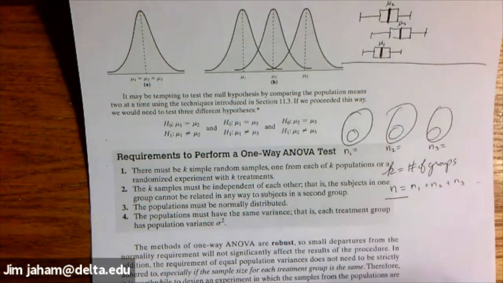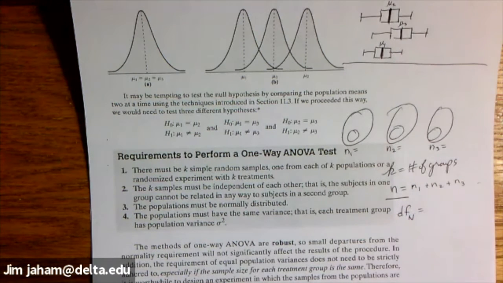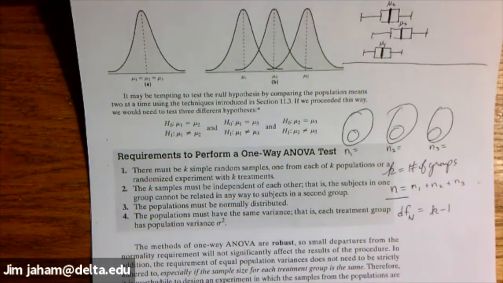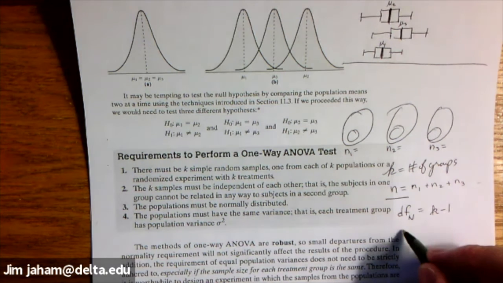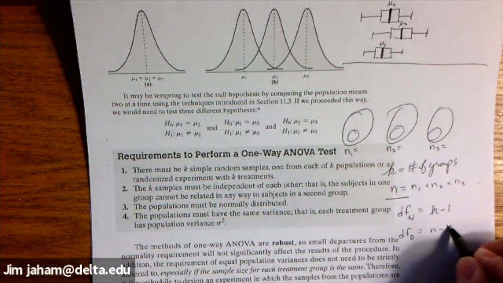Now, while we're here, the degrees of freedom in the numerator is a calculation that uses these numbers. Degrees of freedom in the numerator is K, the number of groups, minus 1. And the degrees of freedom in the denominator is equal to this N, this overall sample size, minus K, the number of groups.